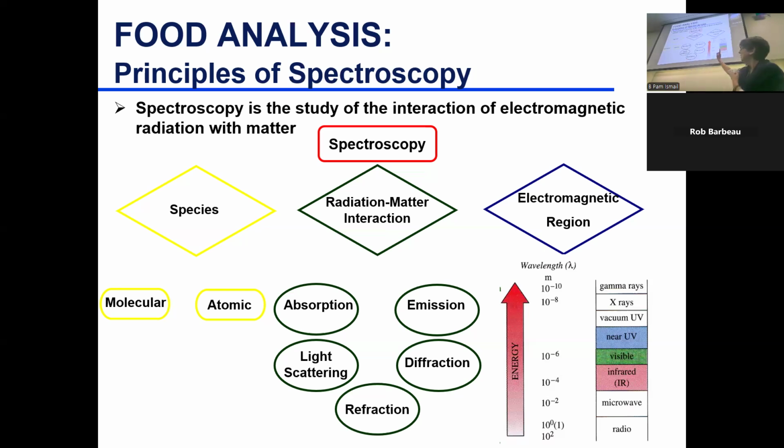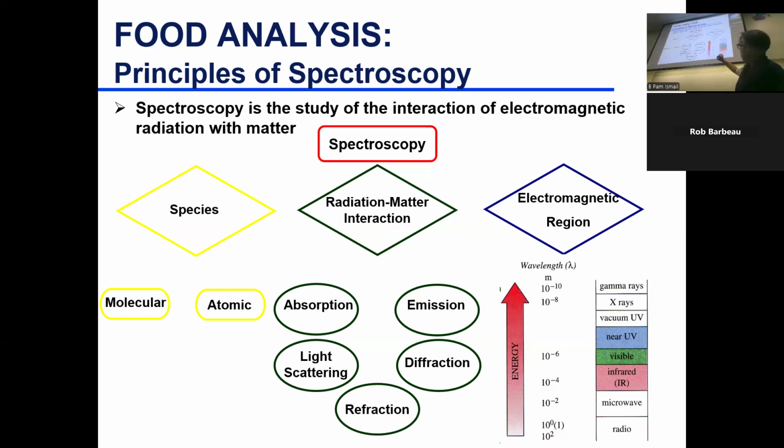We'll talk about diffraction and refraction, how that happens and why it is relevant to us. And then there is the electromagnetic region, which is basically categorized by the wavelength, and we'll define what wavelength means in a little bit. There are different types of energies, and it ranges from radio all the way to gamma rays. The shorter the wavelength, the higher the energy.